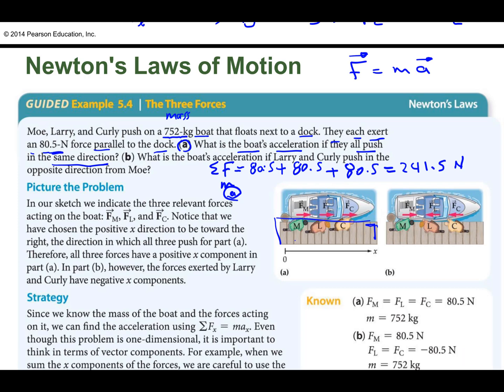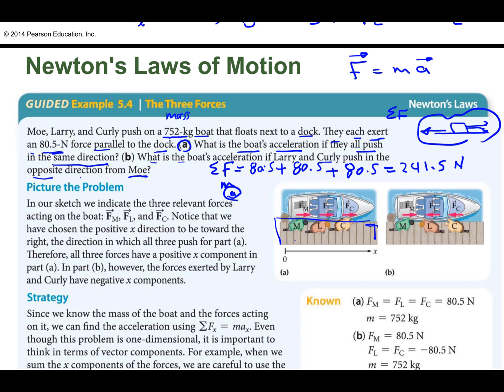Let's see the second part. What is the boat's acceleration if Larry and Curly push in the opposite direction of Moe? Imagine this is the direction of Moe and this is the direction of Larry and Curly. So now you will subtract, right, to get the summation of the force.